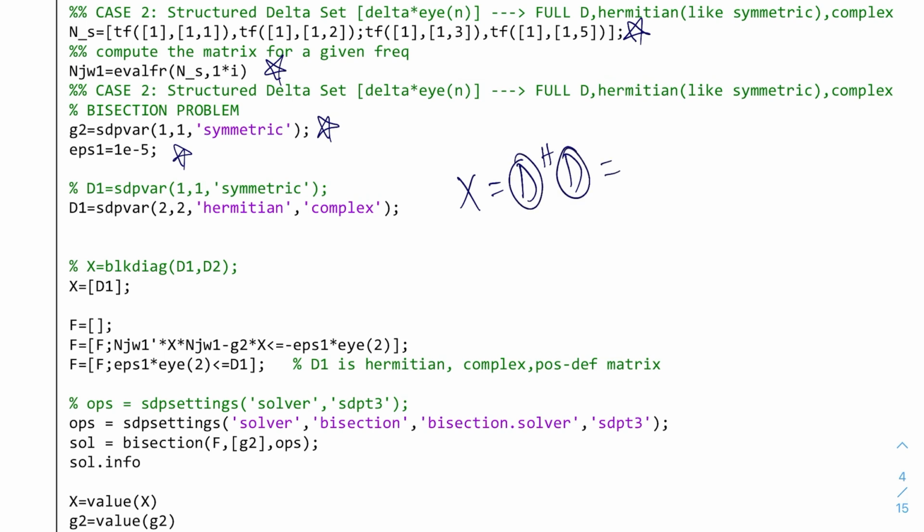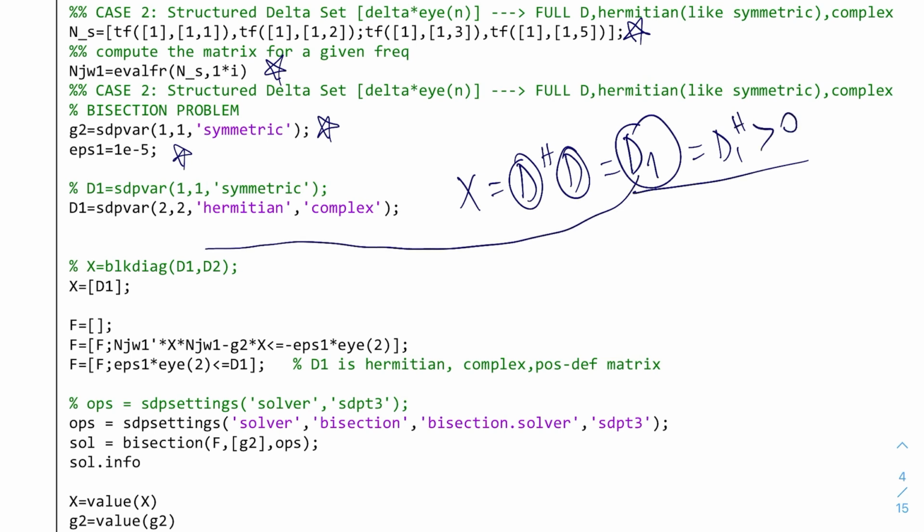And D is positive Hermitian. And then we will call it D1, and that D1 is Hermitian and positive definite. Okay, so the dimension of the problem is 2 by 2, and this is Hermitian and complex. Okay, so we are talking about this D1.